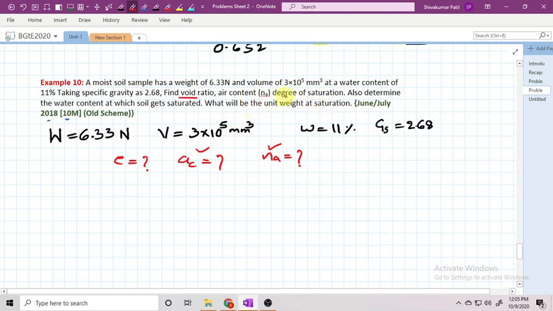They are also asking for the degree of saturation, that is S. Also determine the water content at which the soil gets saturated, that means at S equal to 100%. And what will be the unit weight at saturation, that is gamma sat. So many quantities they are asking. No problem, we'll proceed.